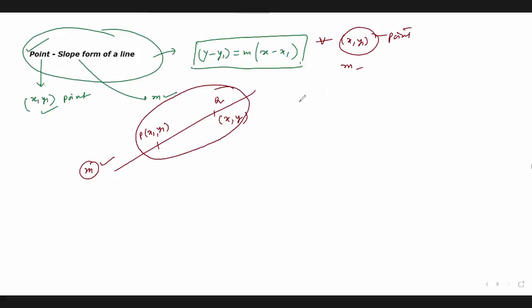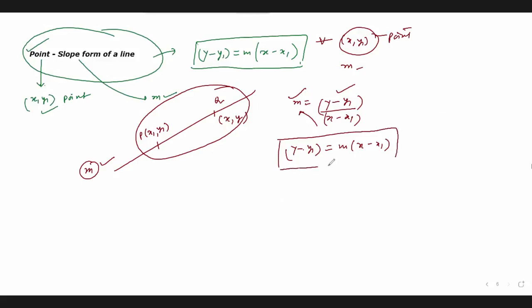We can apply the formula to find the slope of a line when two coordinates have been given. So m will be equal to (y minus y1) divided by (x minus x1). And if I cross multiply, I will get y minus y1 is equal to m times (x minus x1). So this is the required equation.